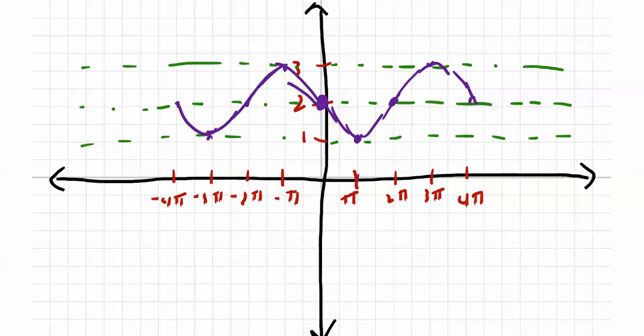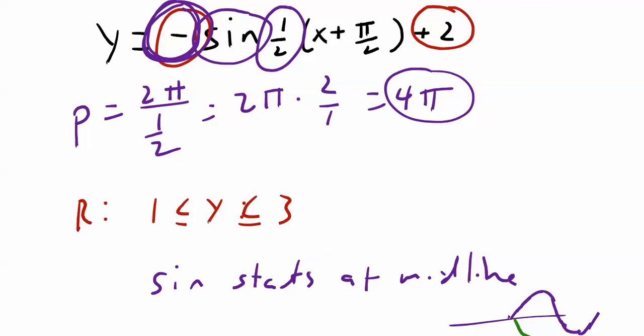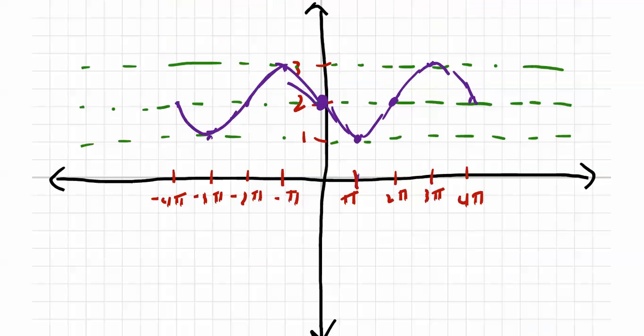Okay. Now this is a graph without this horizontal shift, so I got to take this into account now. So it's plus pi over 2, so I want to go to the left pi over 2. All right, so I'm going to take every point, and let's get a new color in here. Let's do maybe orange. I'm going to go left pi over 2. Well, pi over 2, again, let's figure this out.